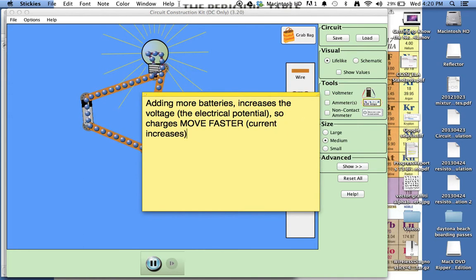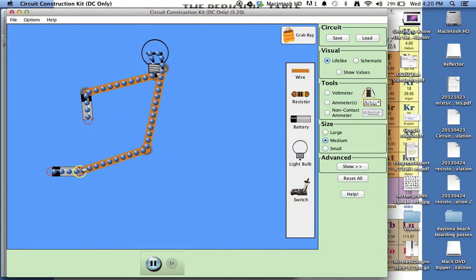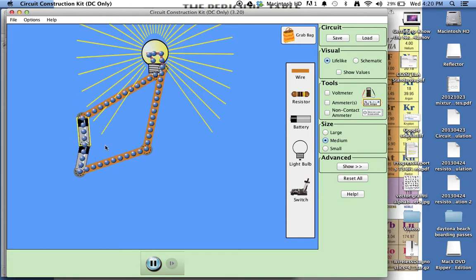Okay, so if I add another battery to this circuit, like this, boom, the charges move faster, the light bulb gets brighter, more energy is being used to light up the bulb.